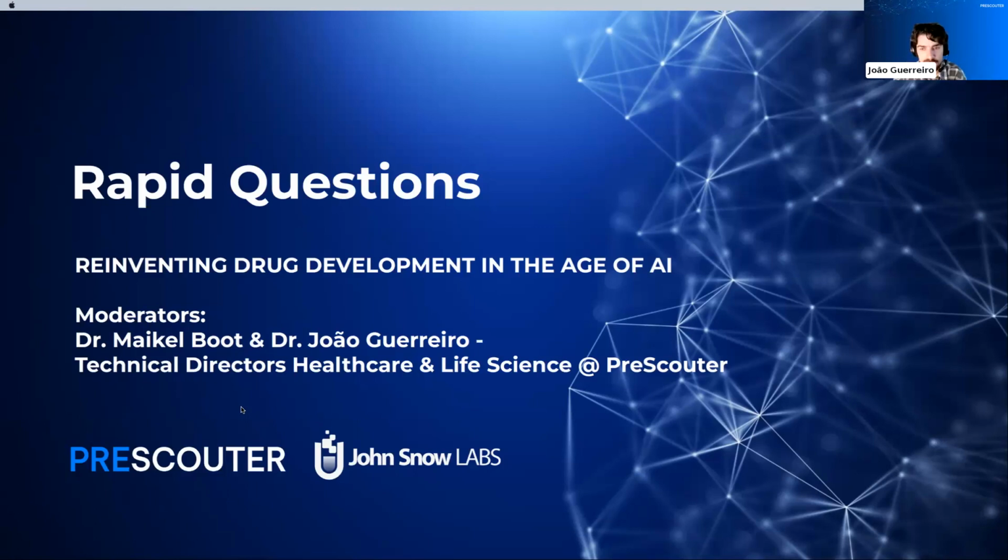Anyone else on the panel want to try and tackle this one? I'll take a hit. Biological molecules per se are more difficult, even without AI. There are a lot of different parameters beyond small molecules. If you have a high throughput screen, you can use AI to go over millions of small molecules, and lead optimization is much easier.